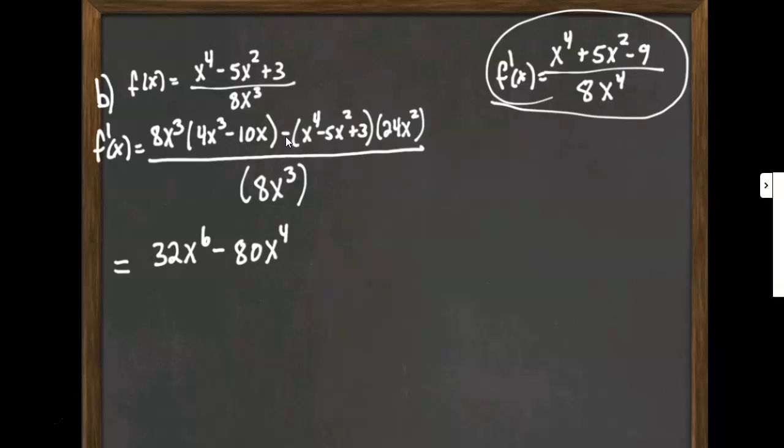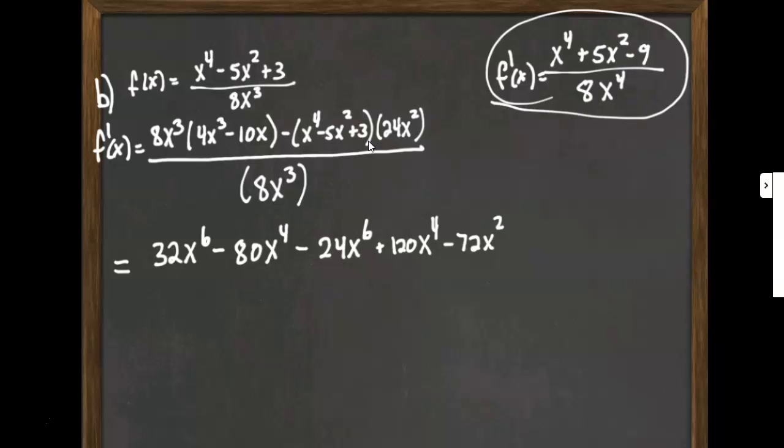And then minus x to the fourth times 24x squared will be minus 24x to the sixth. The negative sign distributes to the 5, which makes that plus 120x to the fourth. All right, 24 and the 5 is 120. Negative sign makes that plus x to the fourth. And then 24 and 3 would be 72, but the minus sign makes that minus 72x squared.